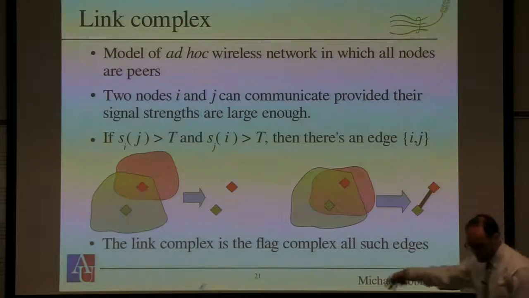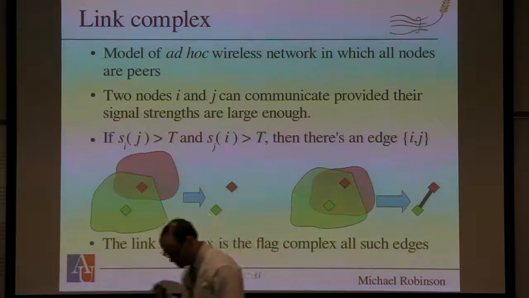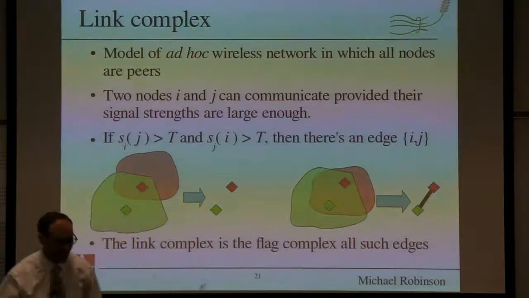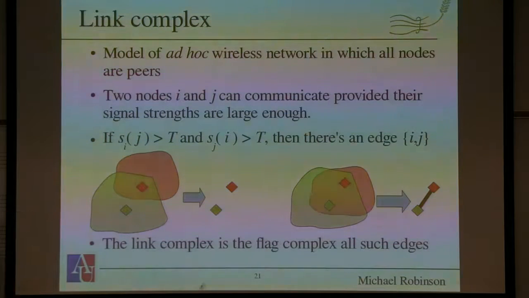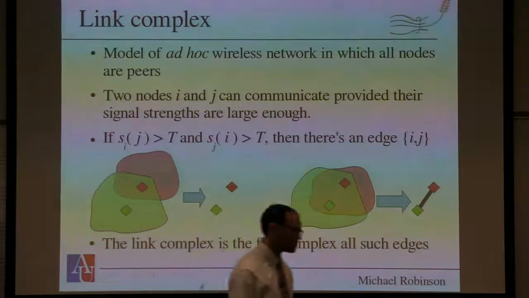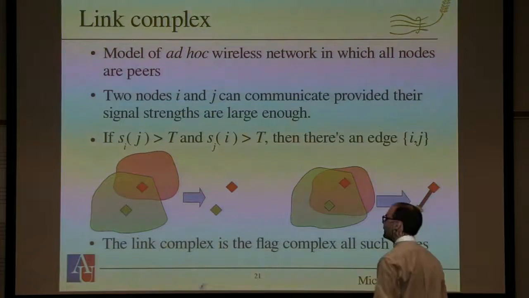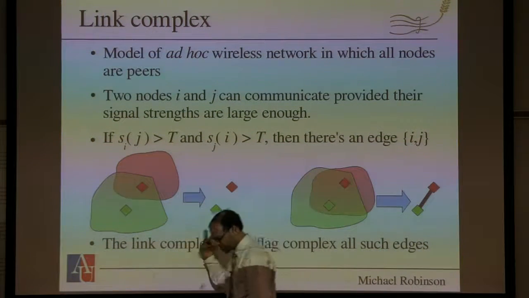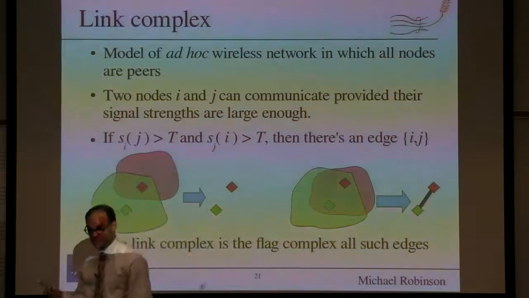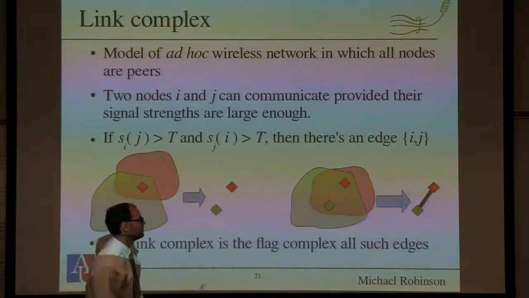So imagine you have a wireless network with these various signal level functions, and you build a flag complex over that. We'll call it the link complex. We've seen this sort of thing before. In the previous day, we were building sheaves over this sort of thing. But now you can ask, what are some homological properties of this? How many connected components does this thing have? This one has 2 connected components, so the dimension of H0 for this guy is 2.